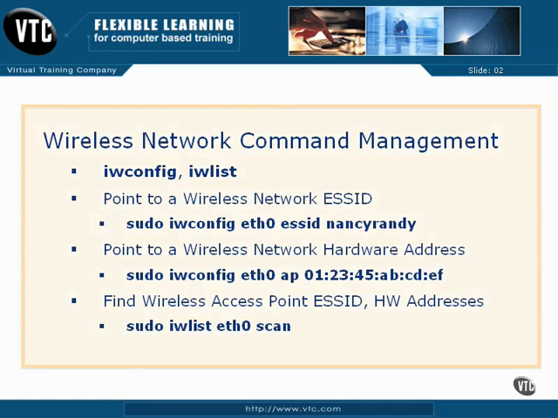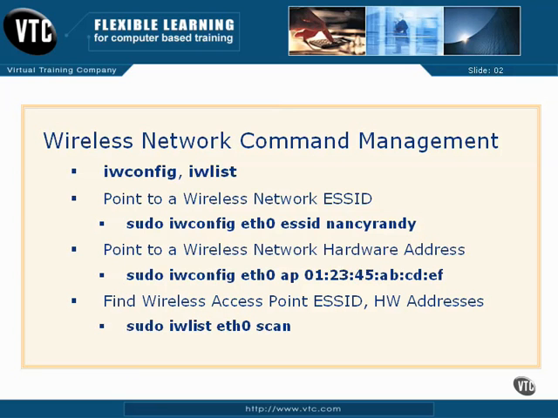Next, there are the wireless network configuration commands, iwconfig and iwlist. The iwconfig command, by itself, is similar to the ifconfig command as it checks the wireless characteristics of all configured network cards.